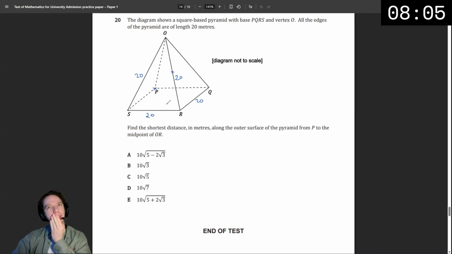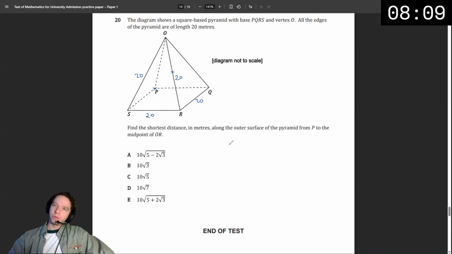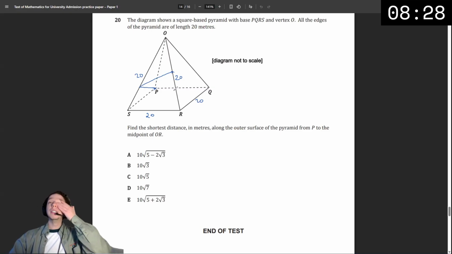So basically, it's kind of like if you're an ant, walking along the surface of this pyramid. What's the fastest way of getting from P to the midpoint of OR? So what's the shortest curve along the outer surface from P to OR?